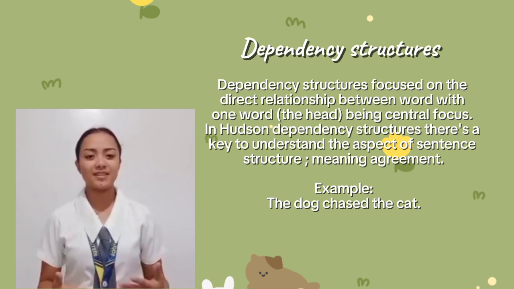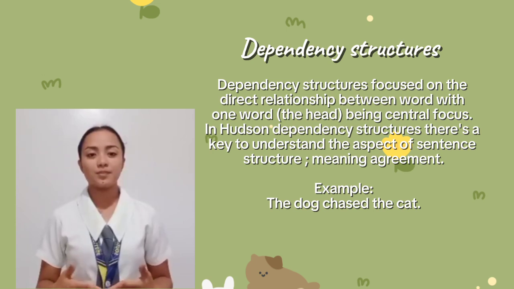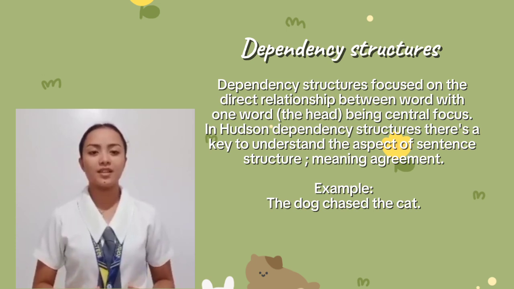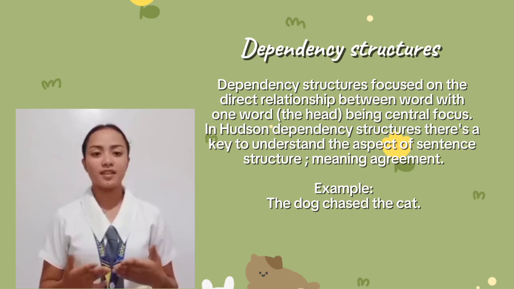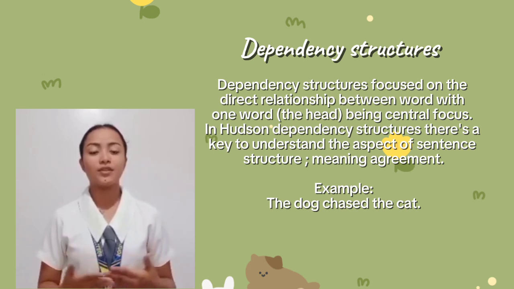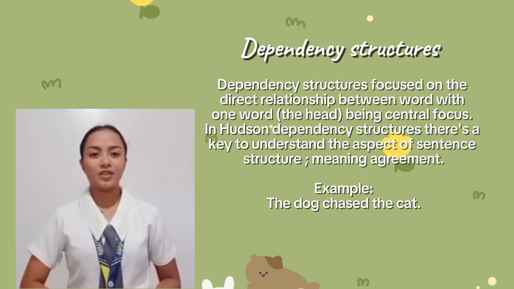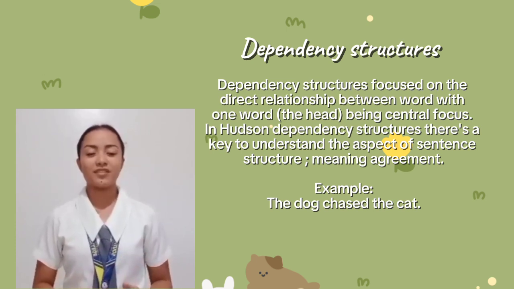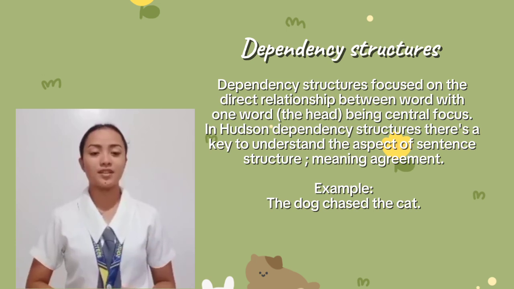In Hudson's dependency structure, there are keys to understanding aspects of language: meaning, how words relate to convey ideas; agreement, how words match, such as the subject agreeing with the verb; selection, which words work together naturally; optionality, what parts of a sentence can be left out; and lastly, word order, how the sequence of words changes meaning.